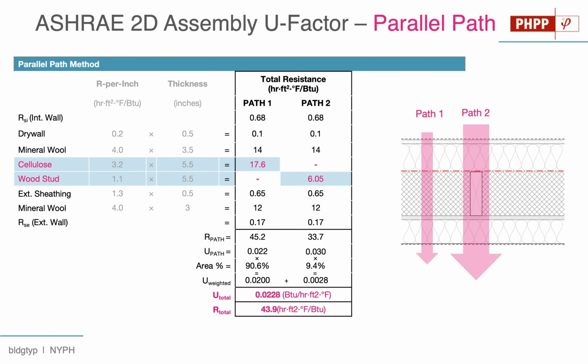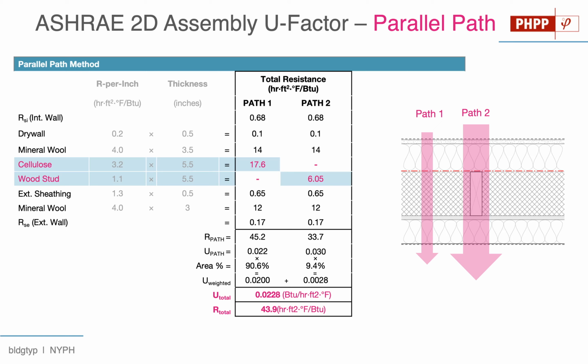So 2 distinct pathways with 2 very different resistances. So how do we combine those together? Well, first, we convert those R values into U values by just taking the inverse.